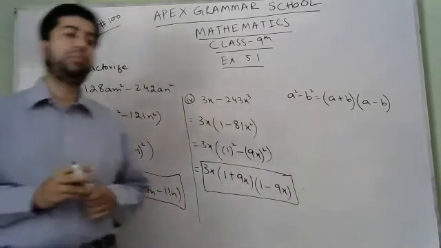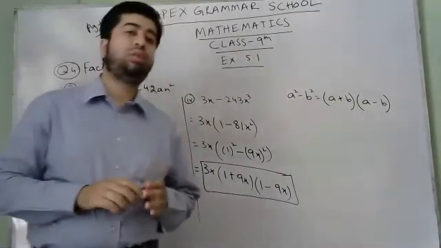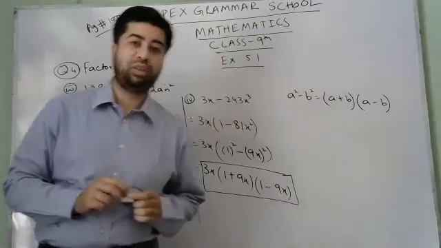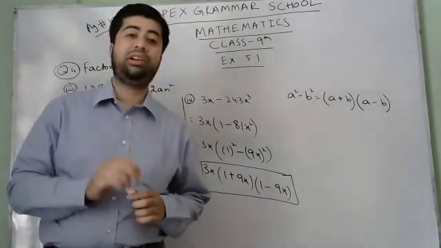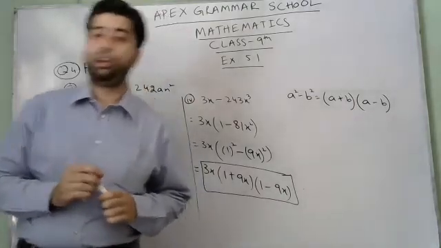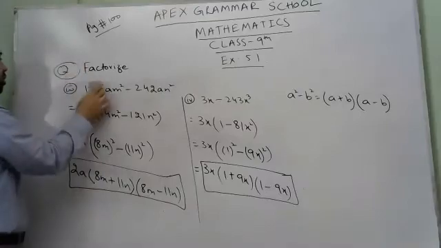This was question number 4 complete. You have to follow all the rules to solve all these questions, and first you have to learn all the formulas that are already written on page number 292. Now we will talk about question number 5.